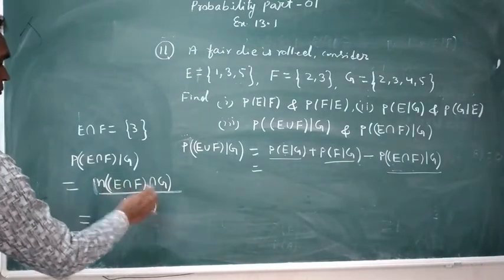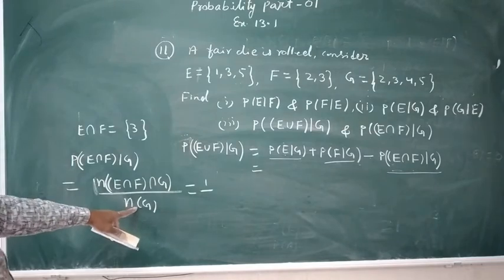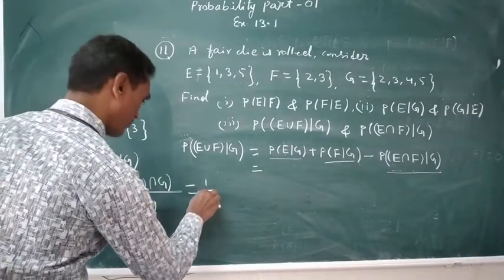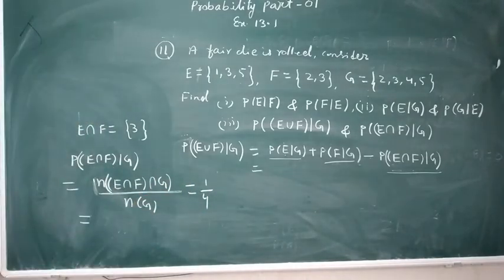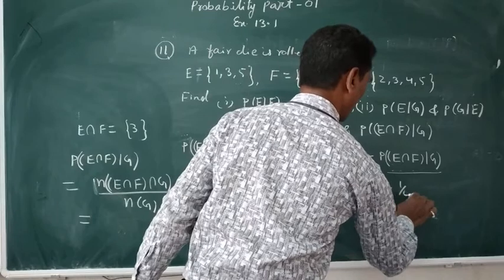So here it will be 1 and the number of elements in G is 4. So the value of this is 1 by 4.